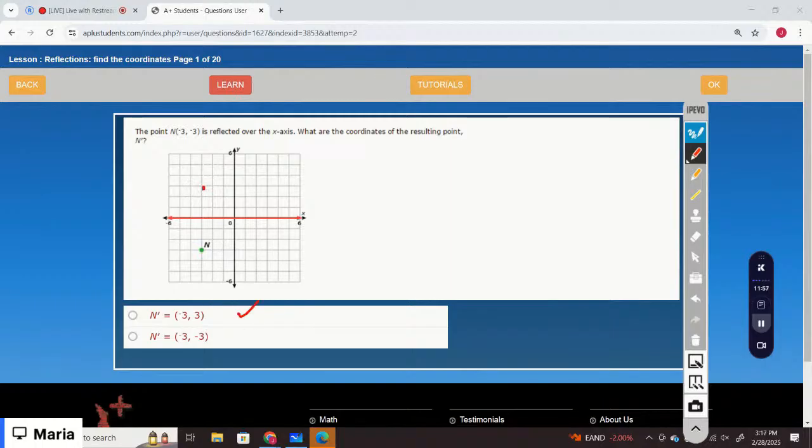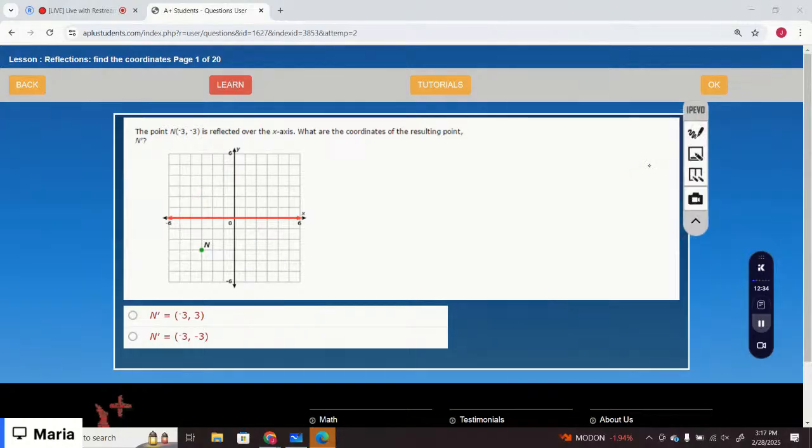That is (-3, 3). Option number 1 is the correct option.